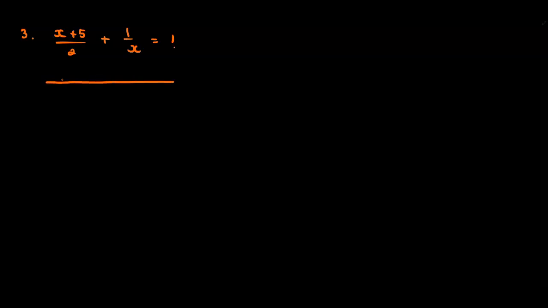So the LCM, and this is 2 over 1, so it's LCM of 2x and 1 is 2x. So 2 into 2x is x, so it'll be x into x plus 5 plus x into 2x is 2, so this is plus 2. And 1 into 2x is 2x by 1, which is 2x.